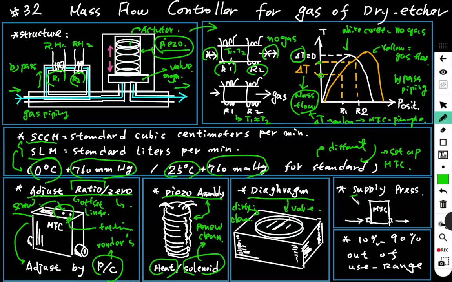Of course, some factories supply gas pressure from the facility that is not stable, which may cause the MFC to lose its accuracy.